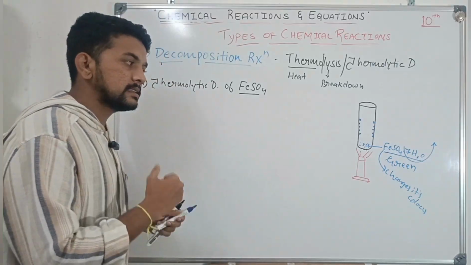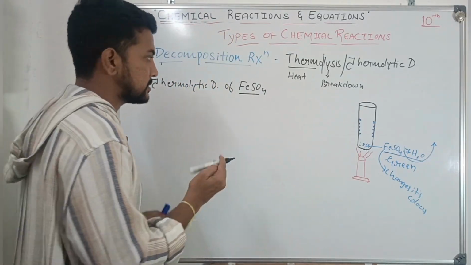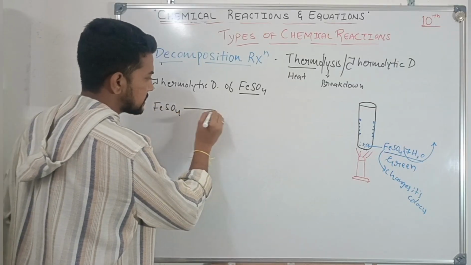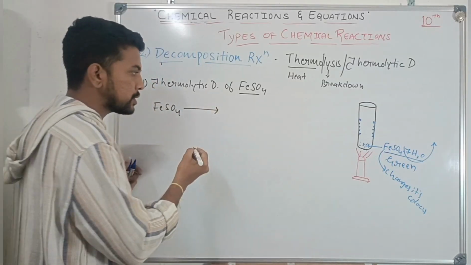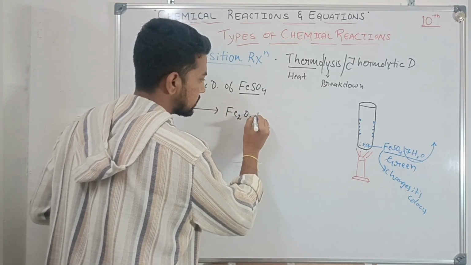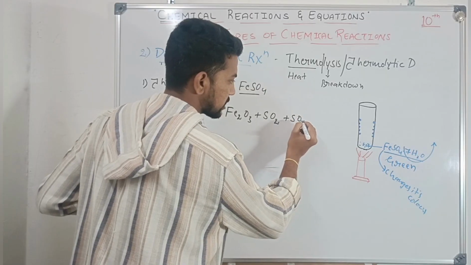When you continuously heat it, the ferrous sulfate crystals decompose to form ferric oxide, sulfur dioxide and sulfur trioxide gas.